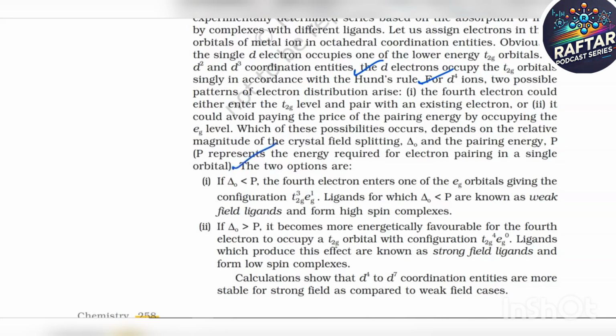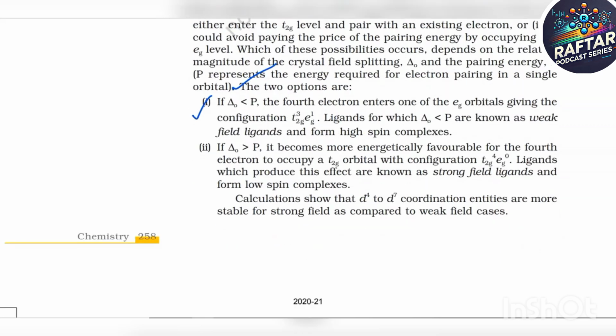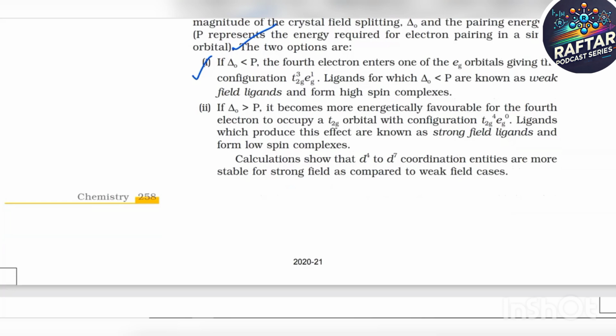The two options are delta naught less than P, or delta naught greater than P. If delta naught is less than P, the fourth electron enters one of the eg orbitals, giving the configuration t2g3 eg1. Ligands for which delta naught is less than P are known as weak field ligands and form high spin complexes.